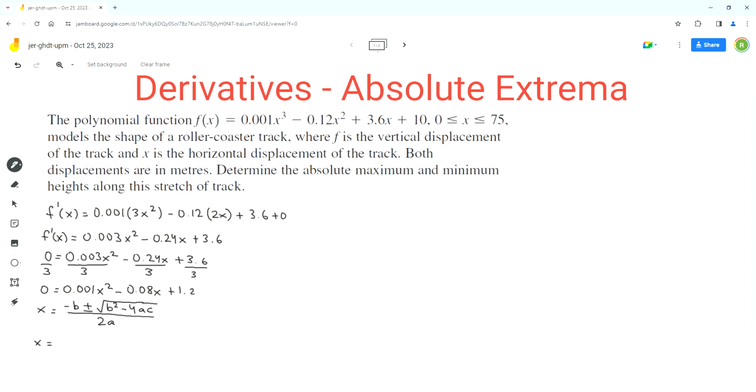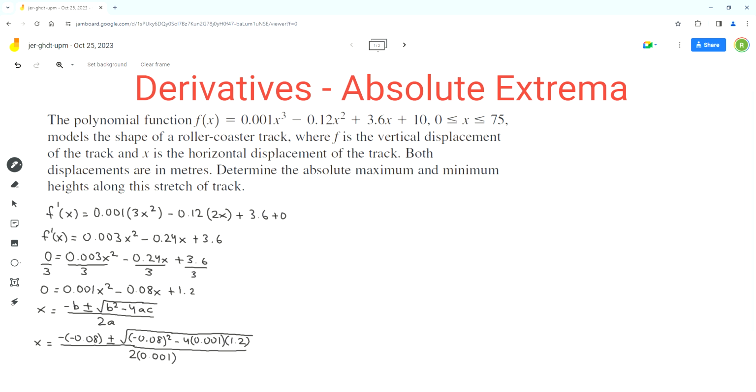So x equals negative negative 0.08 plus or minus the square root of negative 0.08 squared minus 4 times 0.001 times 1.2, over 2 times 0.001. So this is the setup for the quadratic formula.